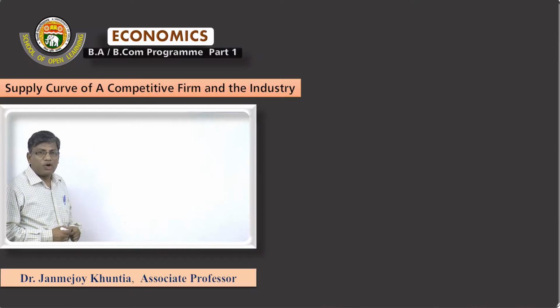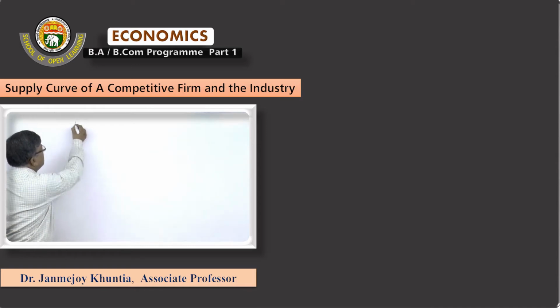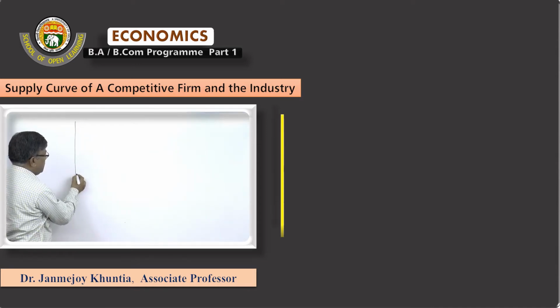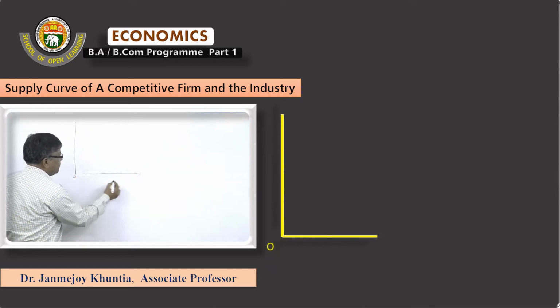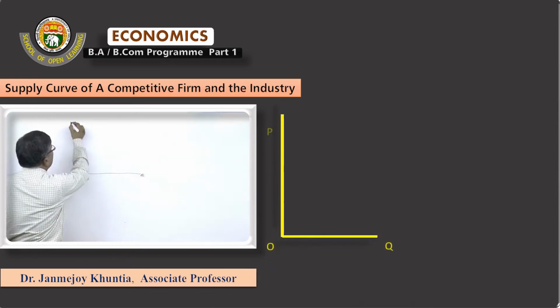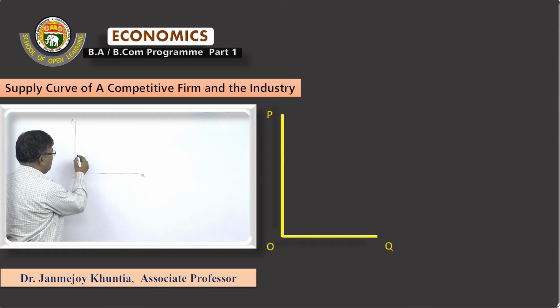The supply curve of a competitive firm and the industry can be derived this way. Start with the shutdown point of a firm.